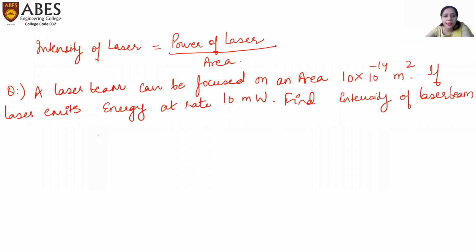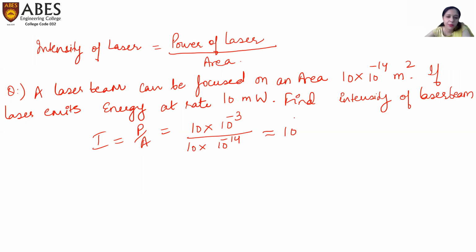So simple, intensity, as I have already told, P by A. So it will be 10 into 10 raised to the power minus 3 upon area, which is 10 into 10 raised to the power minus 14. It will come out to be 10 raised to the power 11 watt per meter square.